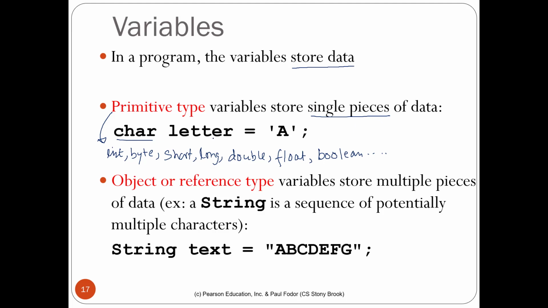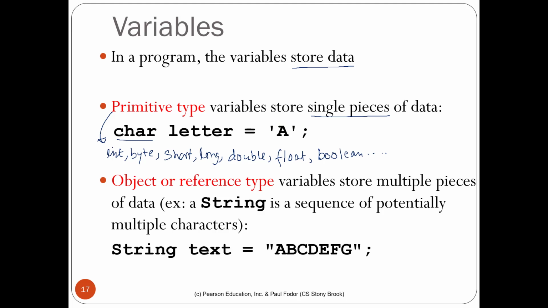So letter is the identifier name. It's not a keyword, it's your variable name letter, and the type is character, char, and you are putting a value in the letter, which is A, the capital letter A. So this is just one piece of information, which is capital A, enclosed in the single quotation mark.